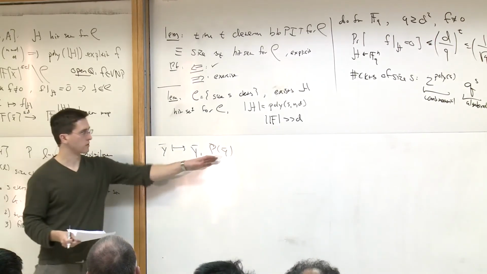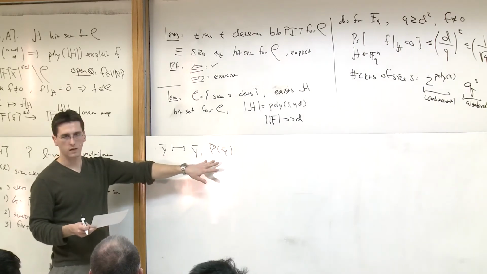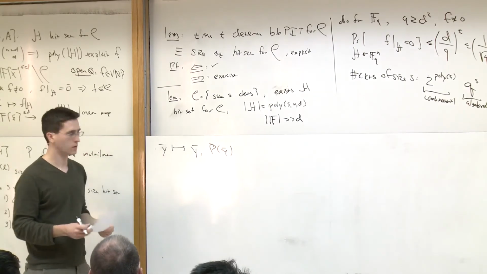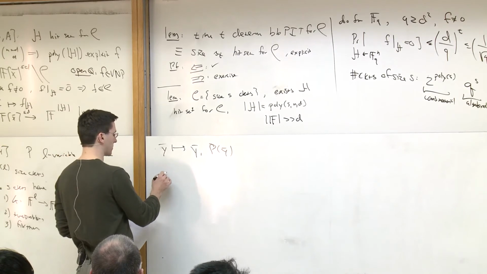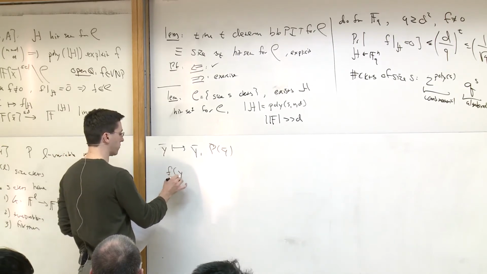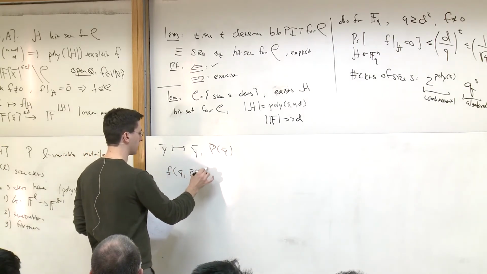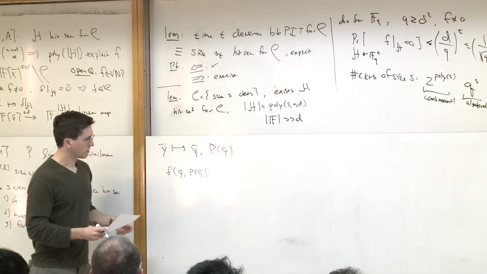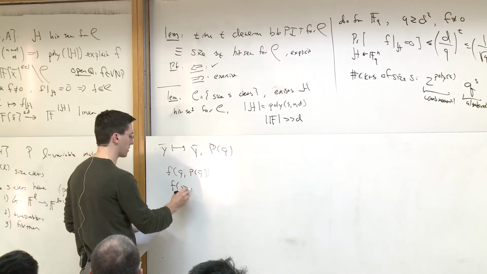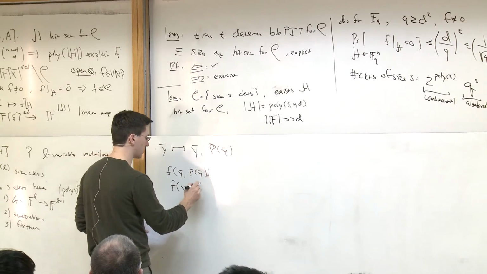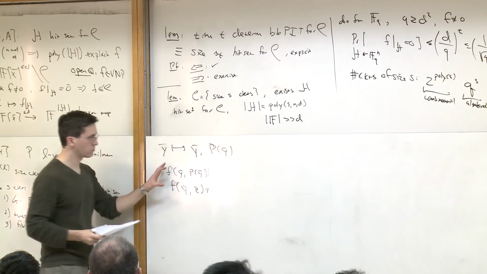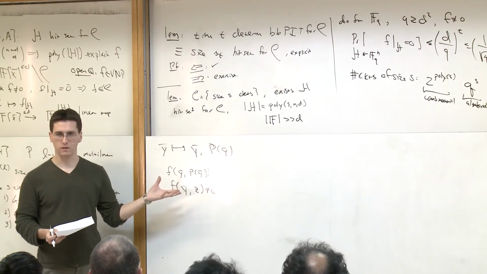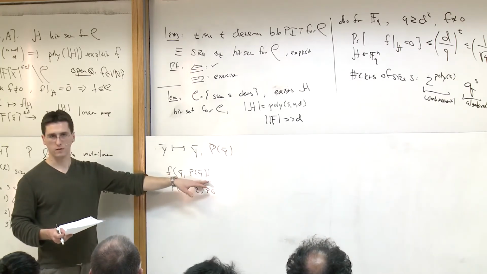So this maps L to L+1. We want to say that this should look random. Why should it? Suppose that F(Y, P(Y)) is 0, despite the fact that F(Y, Z) is non-zero. This would mean that this map had failed to be a generator: it's a non-zero polynomial, but it's 0 on the generator.